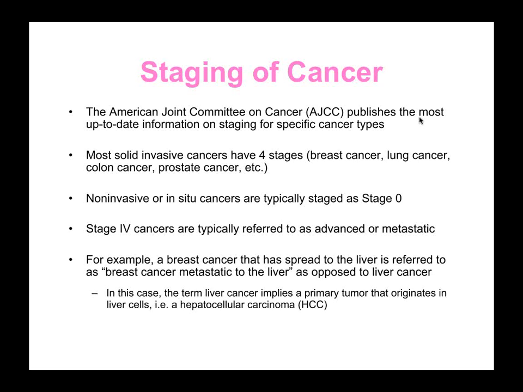So sometimes you'll refer to a patient who has breast cancer, and it's AJCC stage 2 or stage 3. And that just refers to this standard staging algorithm that's published. Most of the solid cancers, they have 4 stages, and so this is true in breast cancer and lung cancer, colon cancer, prostate cancer, for example.